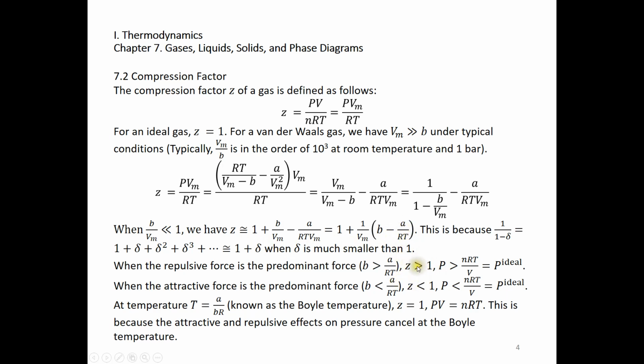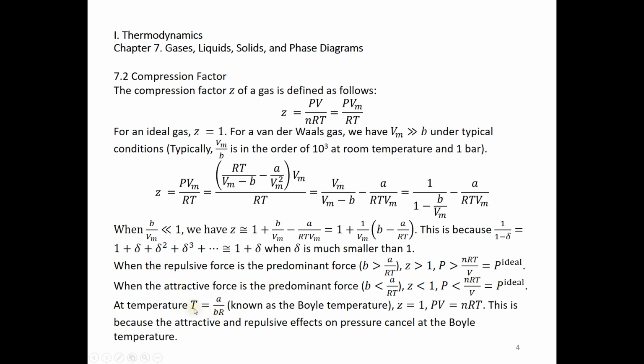When Z is greater than 1, the pressure is greater than nRT over V. nRT over V is the pressure as if the gas were ideal. And if Z is less than 1, then P is less than nRT over V, the pressure of the gas if it were ideal.